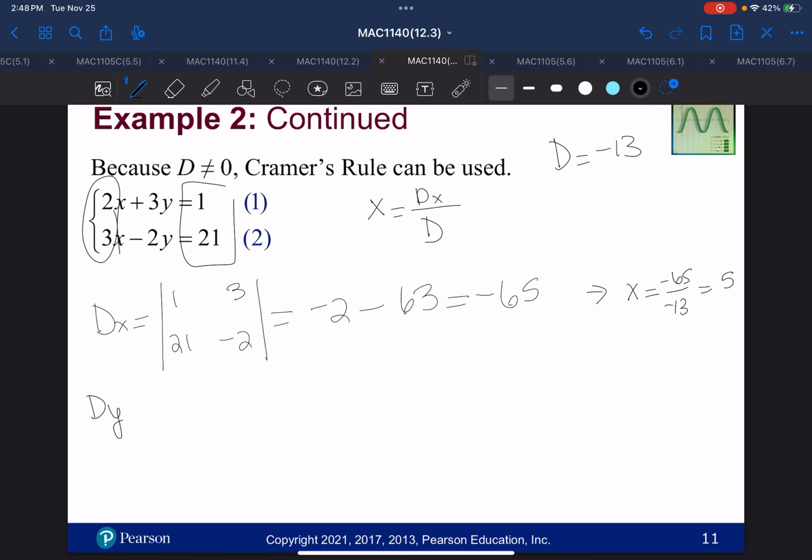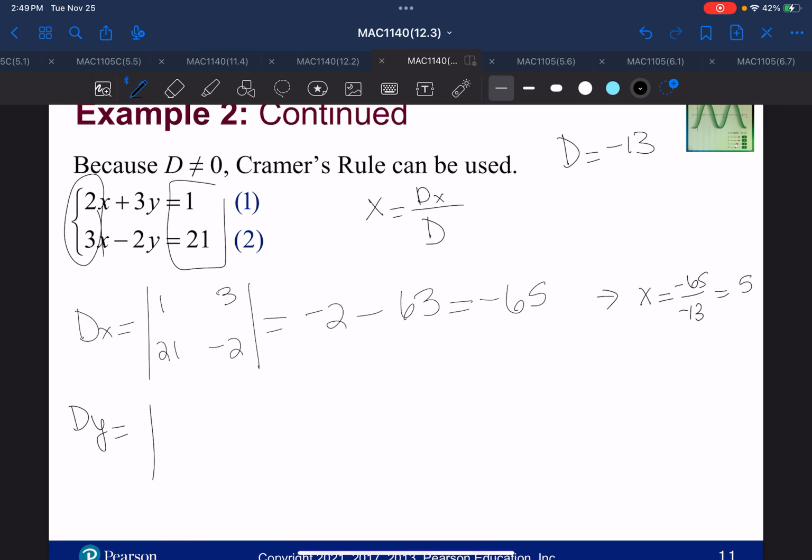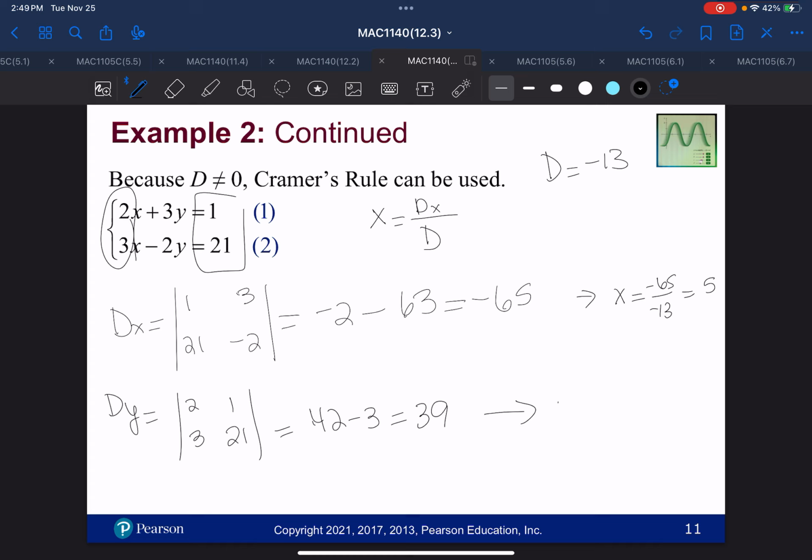And then the y coordinate would be equal to the determinant with respect to y divided by d. The determinant with respect to y would be the determinant of 2, 3, and then replacing the coefficients of the y terms with the constant terms, which would be 1 and 21. So this would be 42 minus 3, which would be 39. So the y coordinate would be 39 divided by negative 13, which is negative 3.